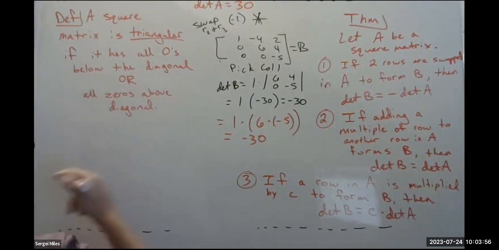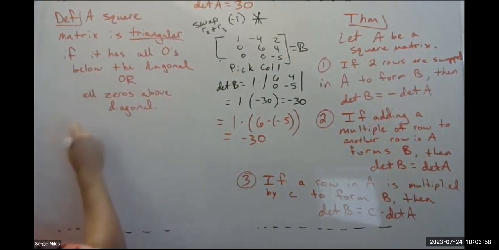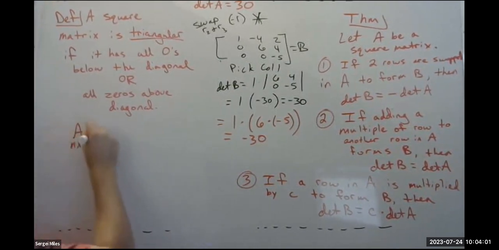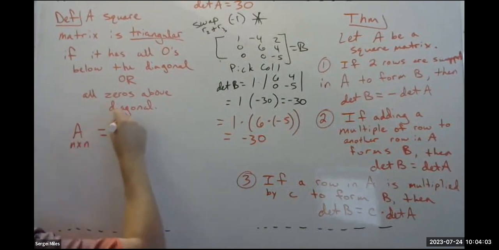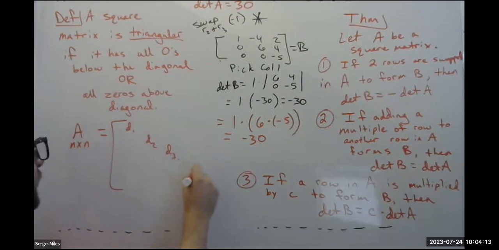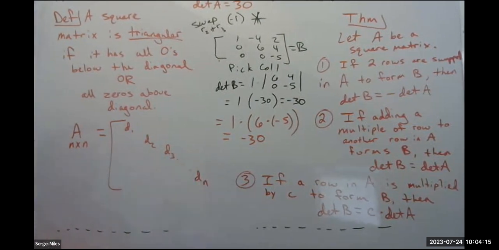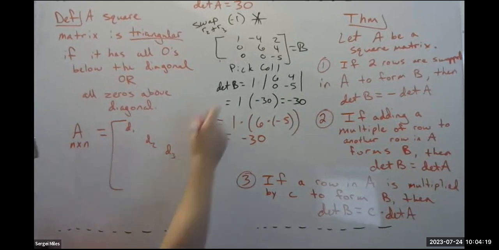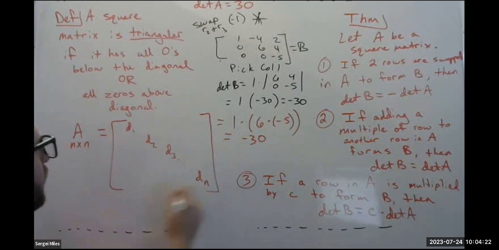So for example, if A is an n by n matrix, and so it looks something like this, where you have something on the first diagonal, something on the second diagonal, something on the third, dot, dot, dot, until you get all the way down to the last entry, which is in the nth row, nth column. All right.